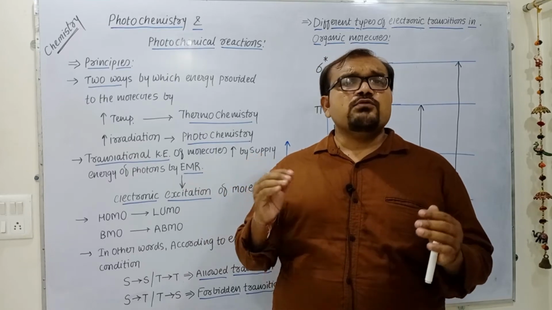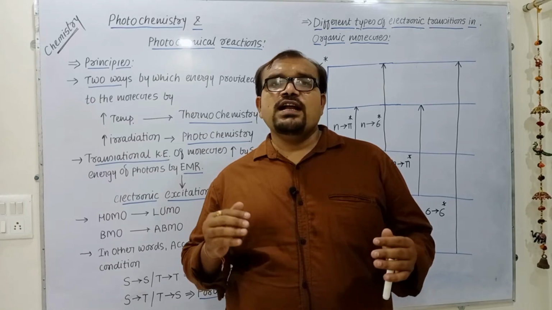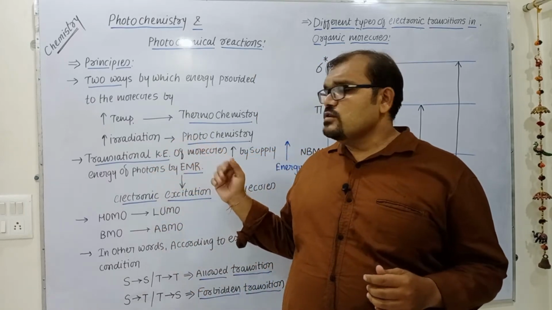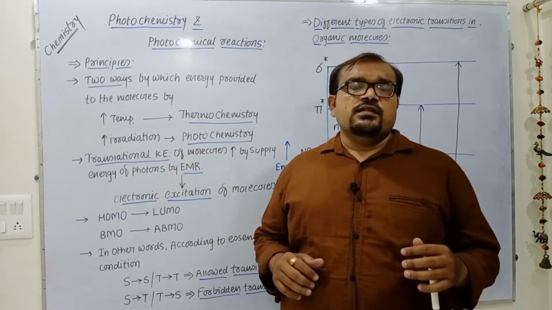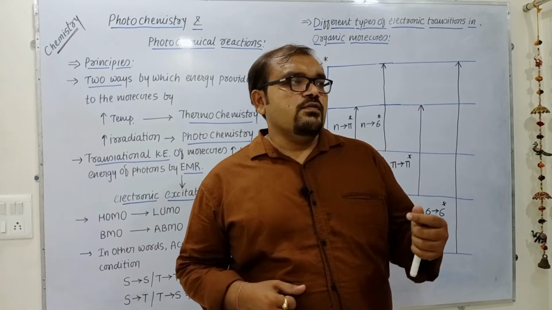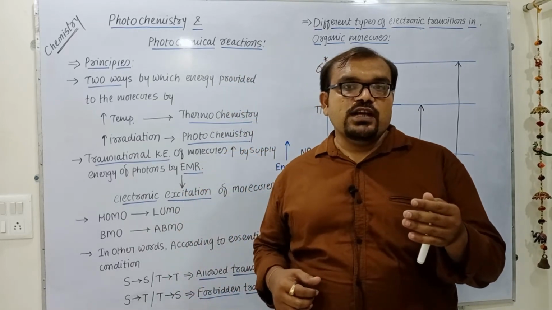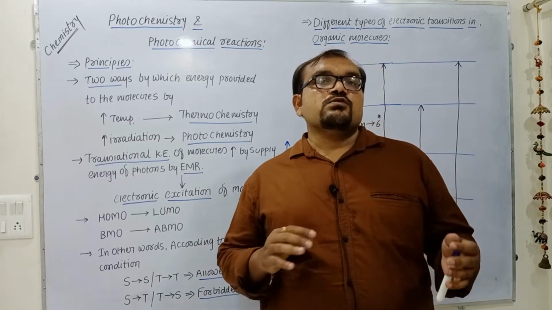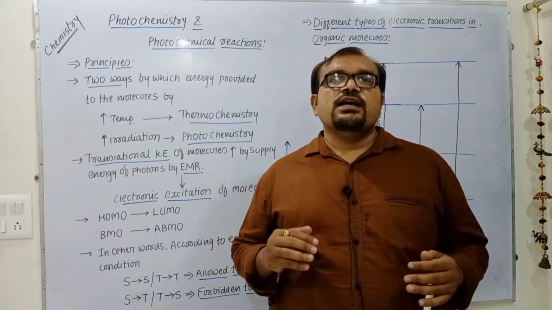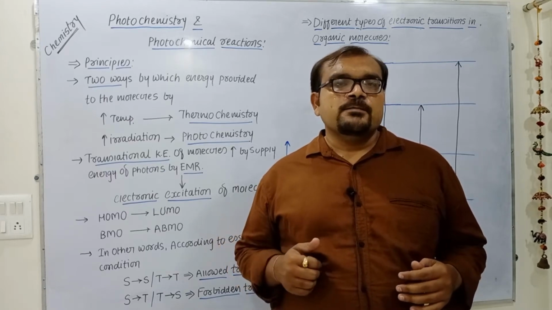There are two ways by which we can provide energy to the molecule. The first one is by raising or increasing the temperature of the molecule, which is called thermochemistry, and the second one is by applying irradiation to the molecule, which is called photochemistry.